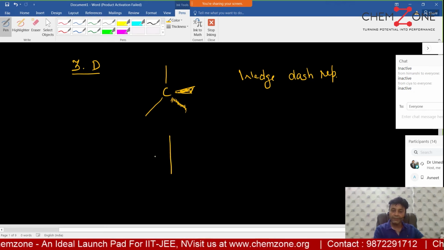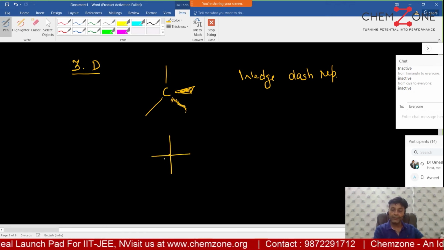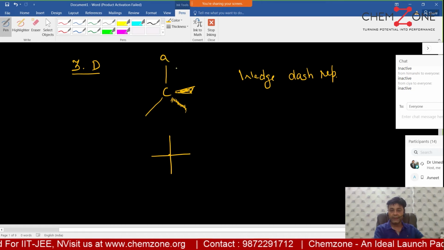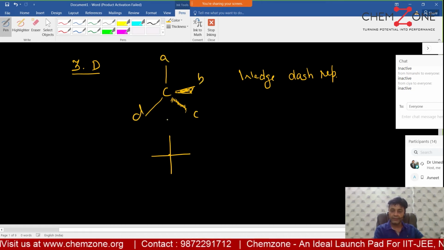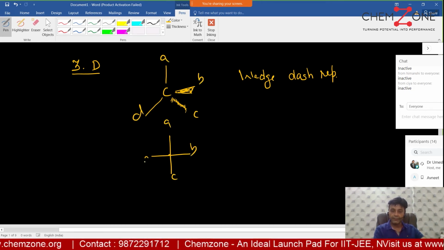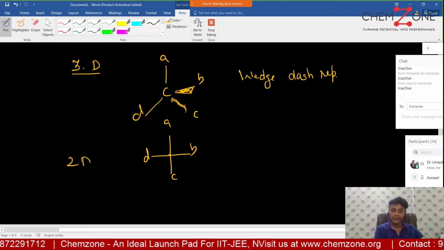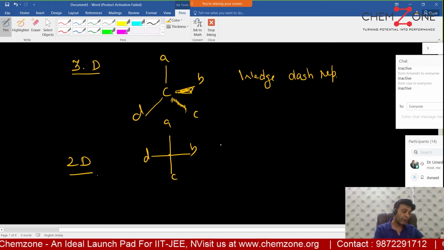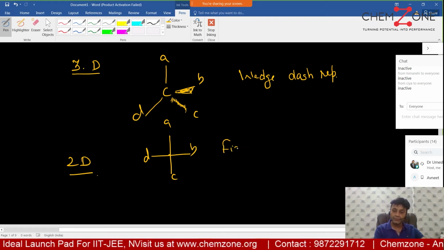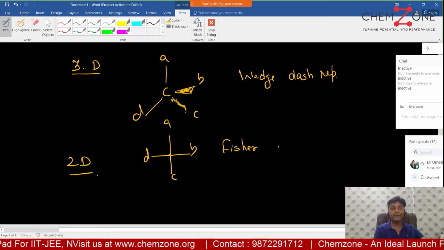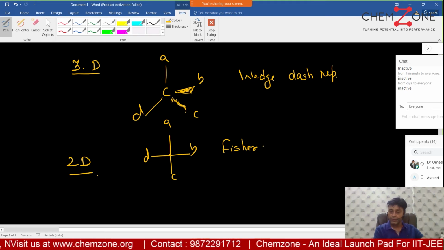Another way, the same thing can be represented like this. This is the carbon atom here and the four atoms are there, A, B, C, D groups. This is a 2D representation, and this is called a Fischer representation. We can represent a molecule in 3D or 2D, both ways.